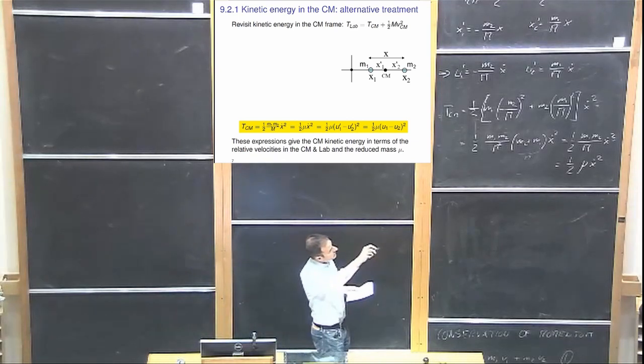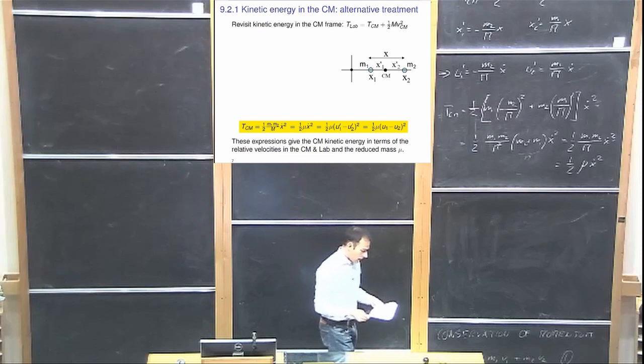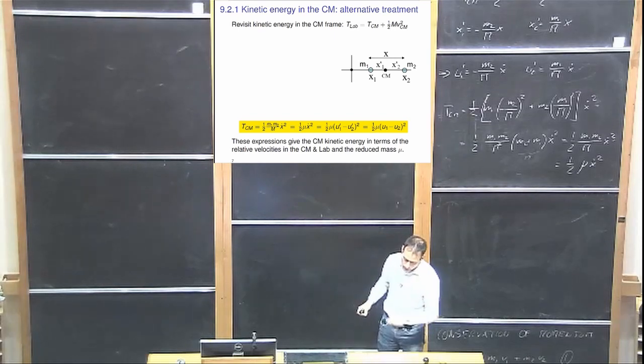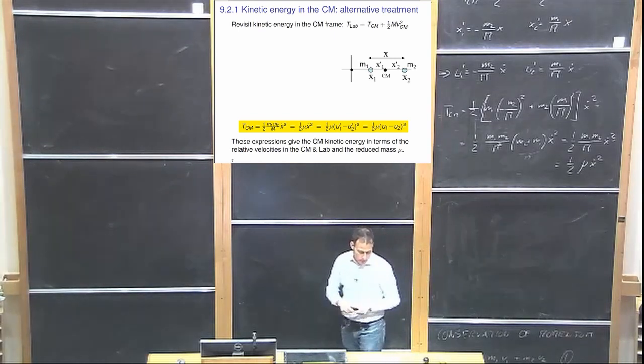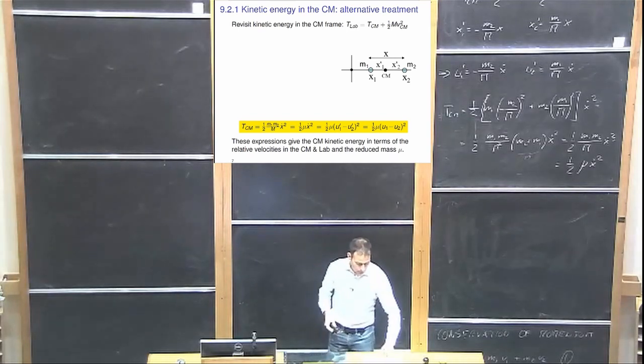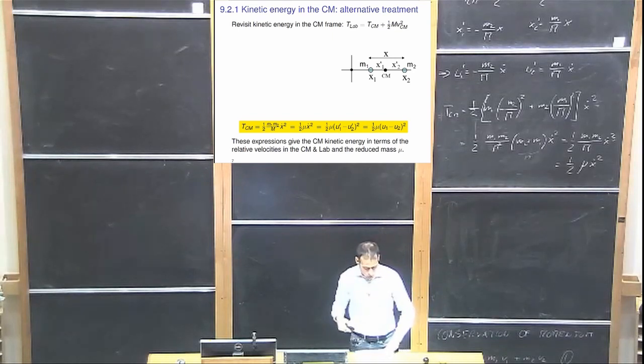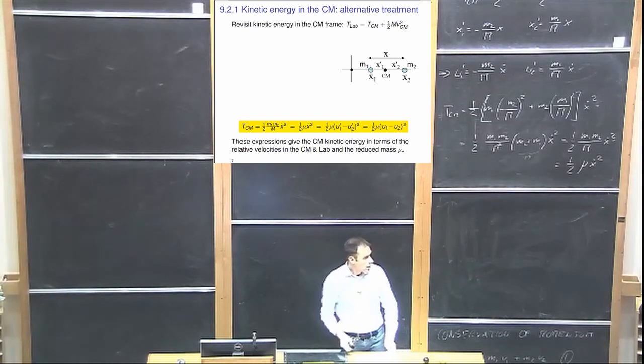So these expressions give the center of mass kinetic energy in terms of the relative velocities in the center of mass and lab frame with reduced mass mu. We can take the relative velocities, and that is sufficient, and that is quite a useful property which we will use throughout the lecture.